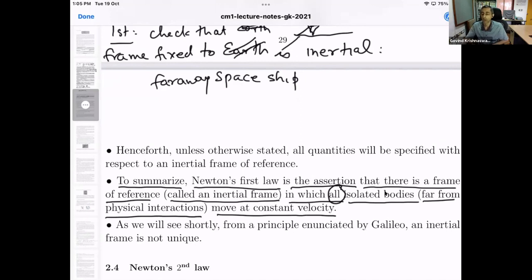So it is not enough to check it for one particle. I have to keep on checking it for all particles. If this statement fails for any one particle, then that frame is not inertial. Of course, we check it for a reasonable collection of particles and we then work with that in practice.